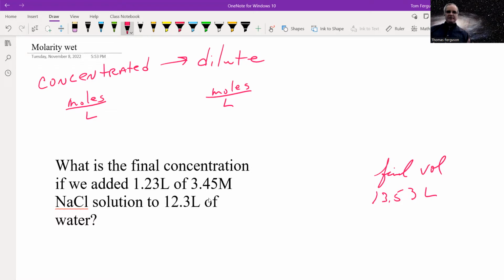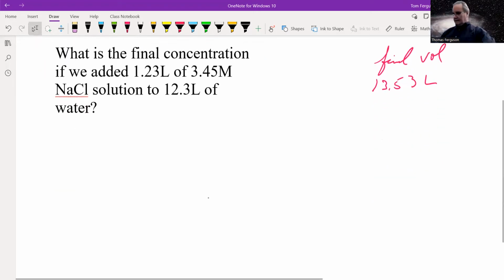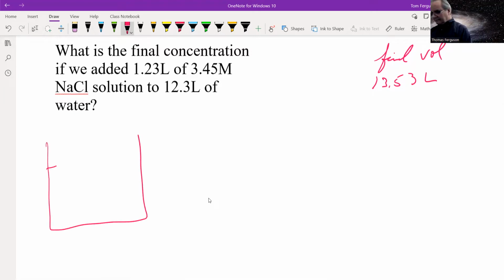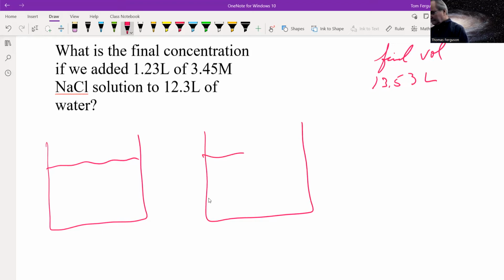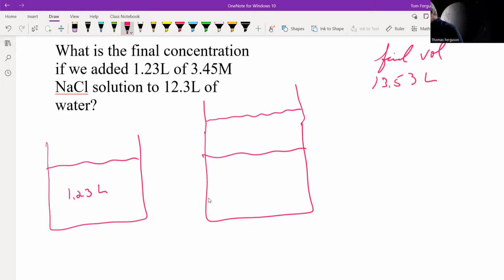Okay, now I want you to notice something here. If I have 3 molecules of salt sitting on the bottom here and 1.23 liters of water, and I put in 12.3 liters more of water, how many salt molecules do I have?